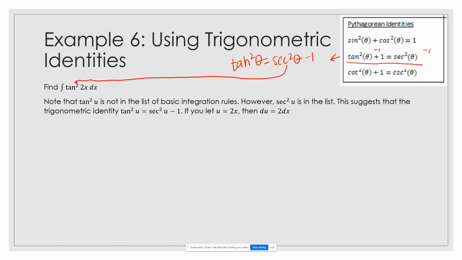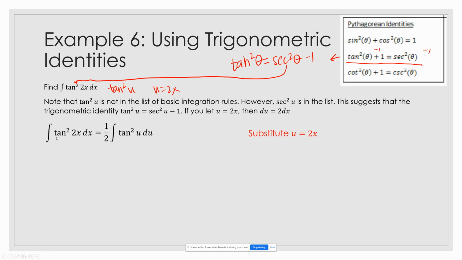the tangent squared piece of it if this was tangent squared of u, meaning that u is 2x. So let's work through this problem then. We're going to substitute u as 2x, and so that means our integral is going to look like this.